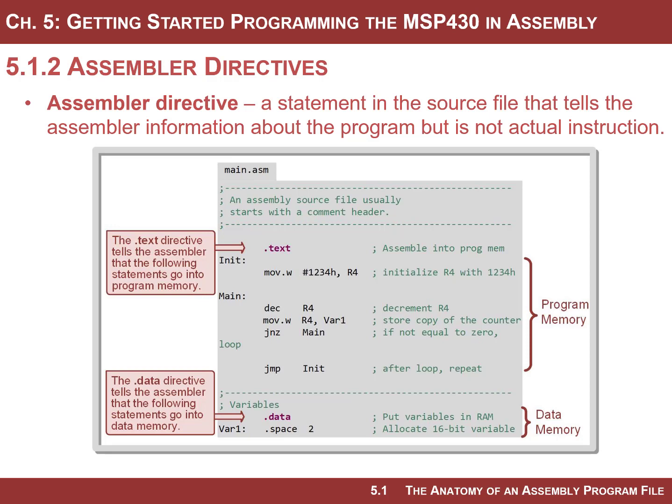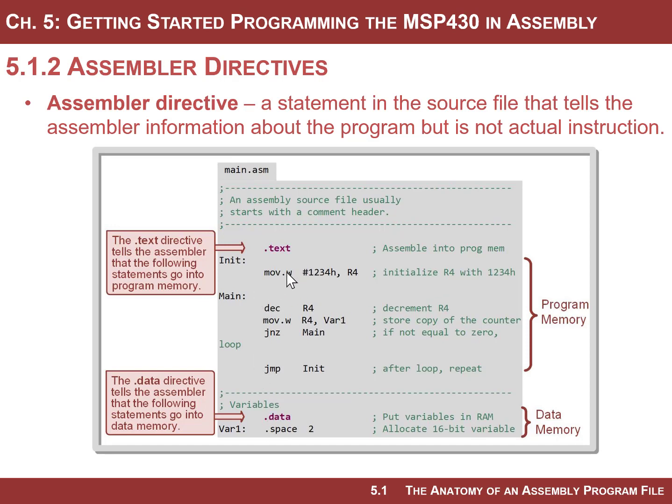You need a way to tell the assembler that, and so you do that with a directive. Another example would be you're going to type in statements in your program file, but they're not instructions. You might want to set up some variable space in data memory. Well, you have to have a way to tell it that, so you use directives in order to tell the assembler what you're trying to do.